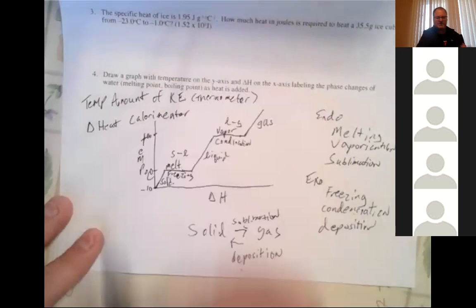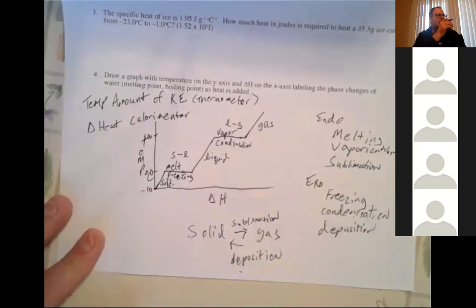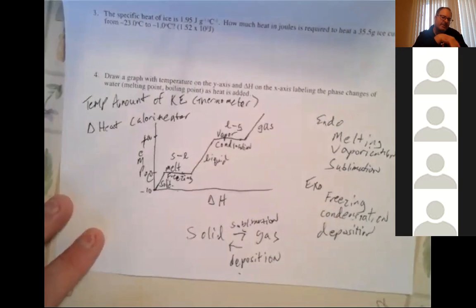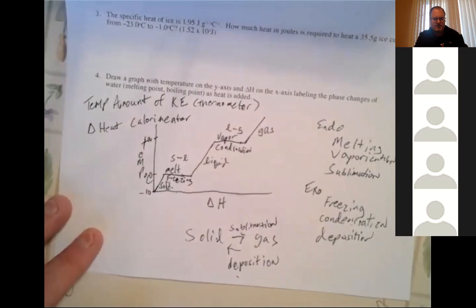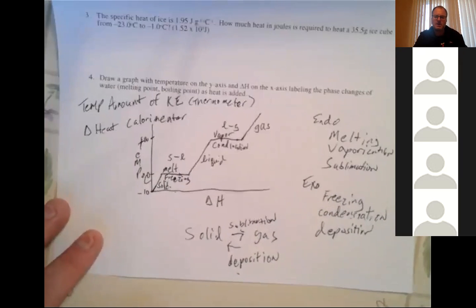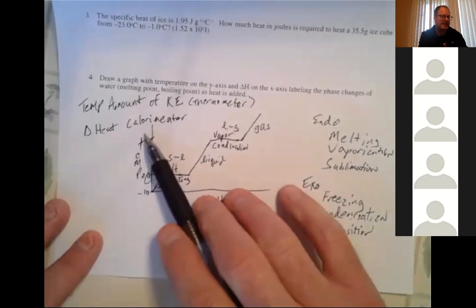The calorimeter was that metallic and styrofoam and plastic device that I had with the lid. Basically what that does is that separates the environment from the system so that there is no heat lost to the environment. So keep in mind the instrument we would use to measure heat would be the calorimeter.